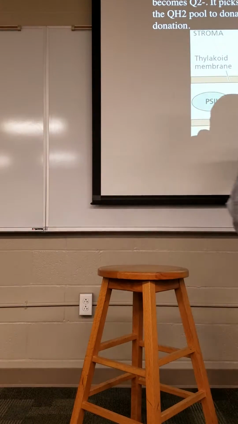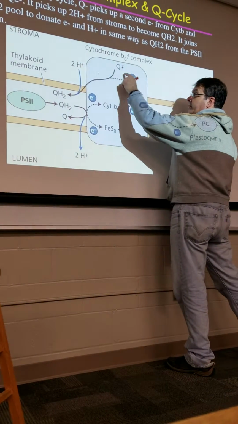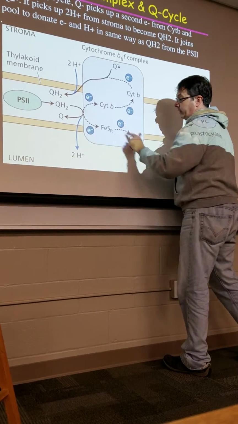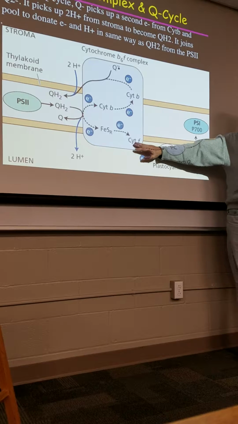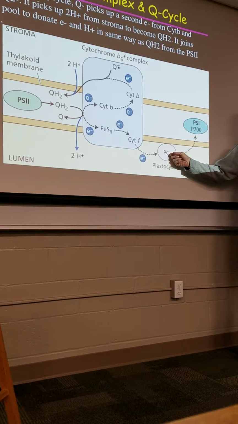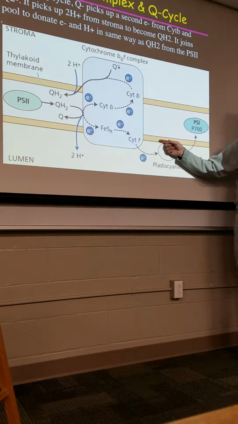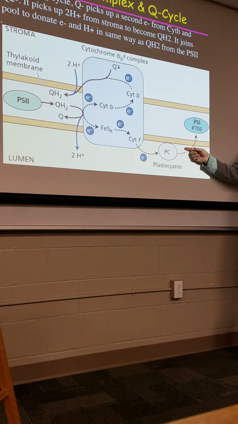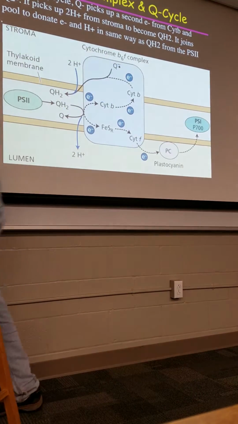Okay. Electrons either directly shuttle into cytochrome f, or they do this little tango dance and shuttle into cytochrome f. But then the electron acceptor from cytochrome f is plastocyanin. And this is a transporter that moves along the periphery of the membrane and will donate electrons to PS1.